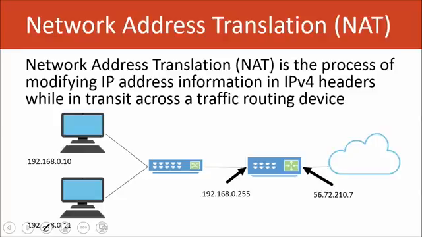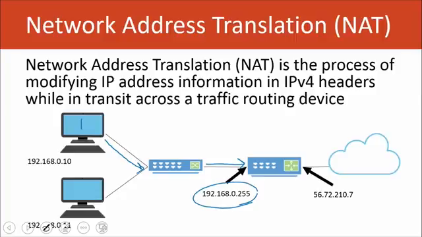we might have computer 1 send information to a switch. The switch goes ahead and sends it off to the router. And then that packet might have the addressing information of 192.168.0.255.